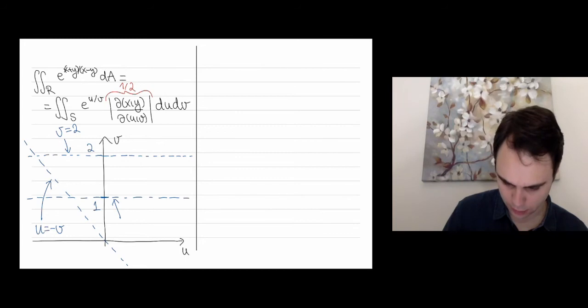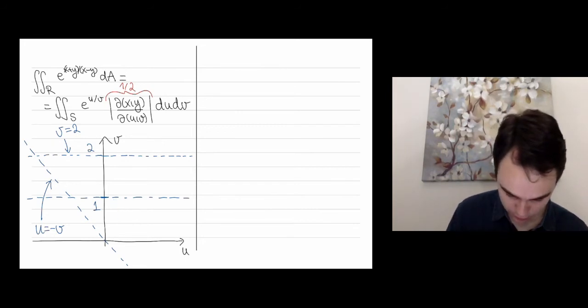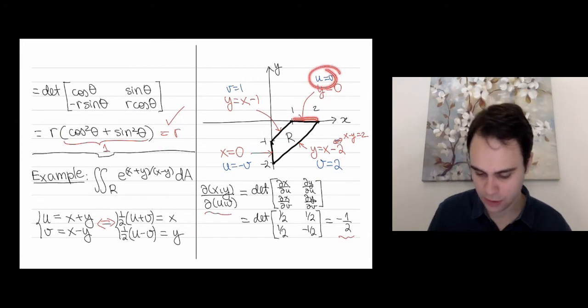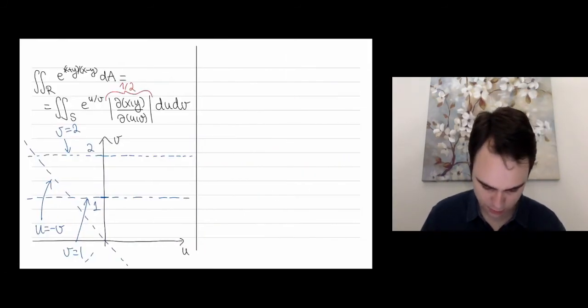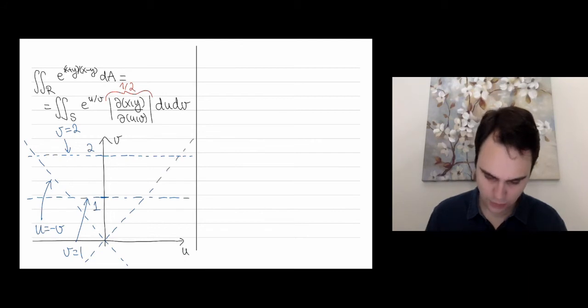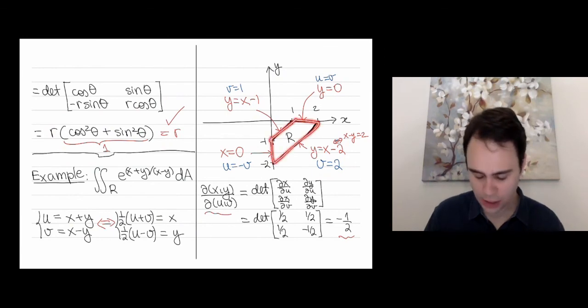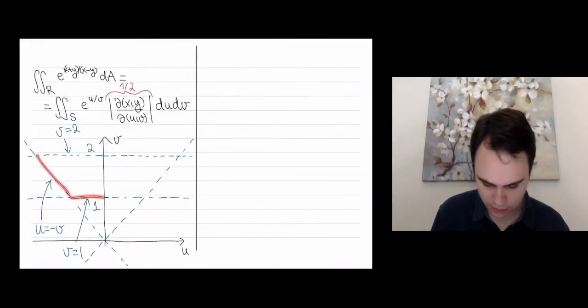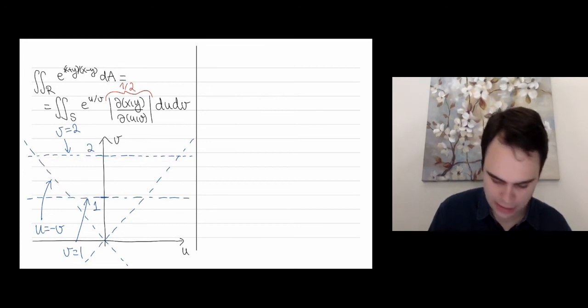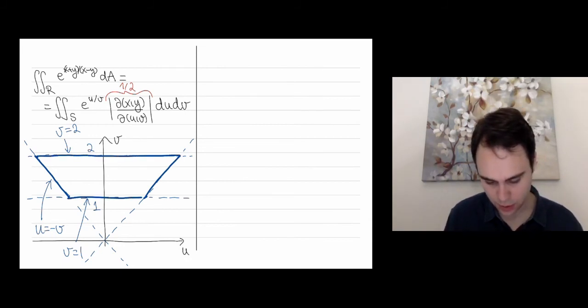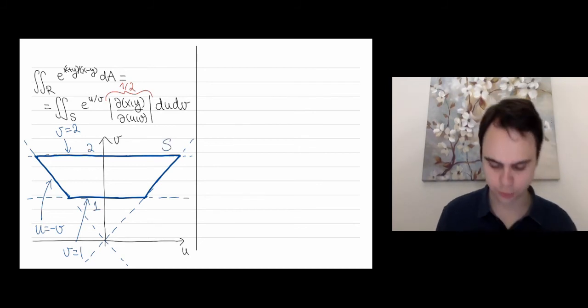Down here I have v equals 1. I don't want this picture to be confusing. The final segment, this one here, has equation u equals v, so in the uv plane it's diagonal. The original region R was bounded by these 4 lines. The new region is also bounded by these 4 lines. That's our mystery region S, the region of the UV plane to which R corresponds.